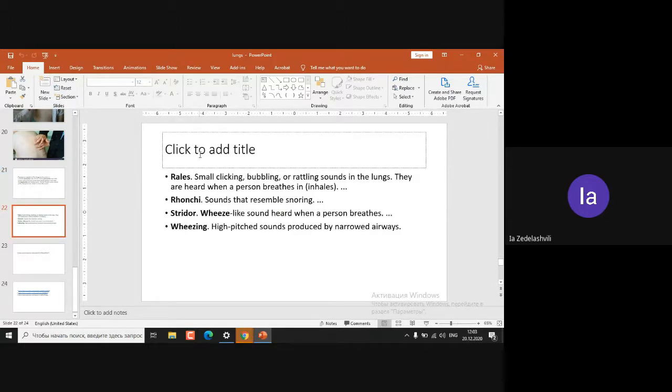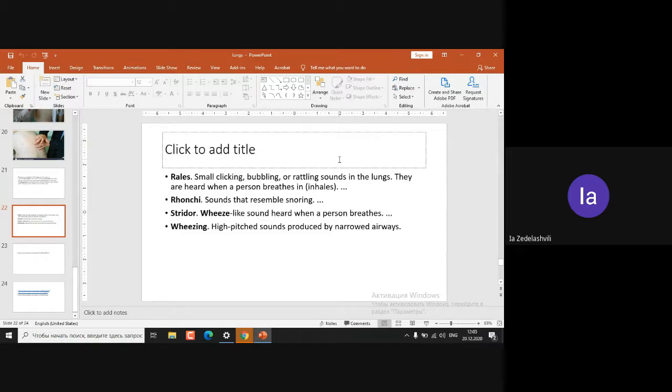When you auscultate, you have to compare the sounds perfectly. And I will give you right now all the sounds. Normal sound is bronchial or vesicular. On the bronchial part, it must be bronchial.